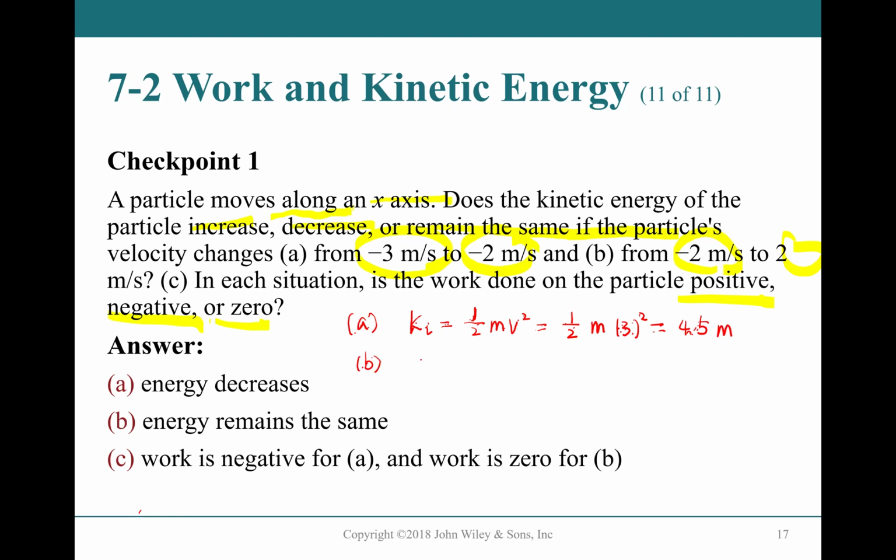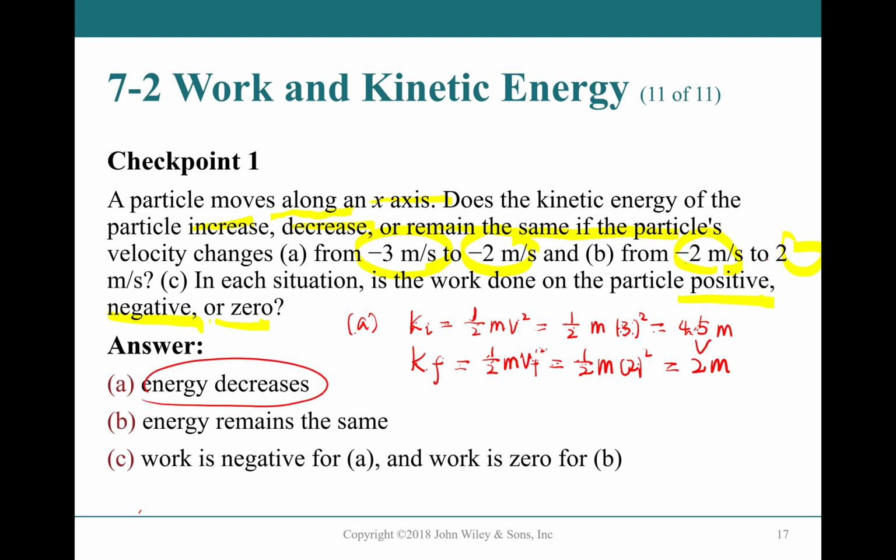And then your final kinetic energy, you should do 1/2 m v final squared, and you are going to get 1/2 m 2 squared. So you are going to get 2m, right? Mass cannot be negative. So you can see the initial kinetic energy is bigger than the final, because 4.5 m to 2m. So this is bigger than this, so the energy decreases.